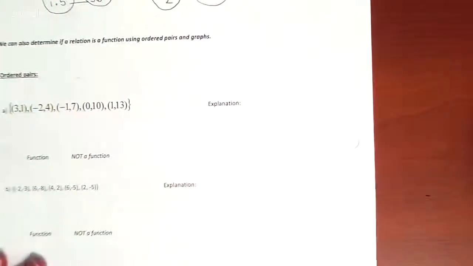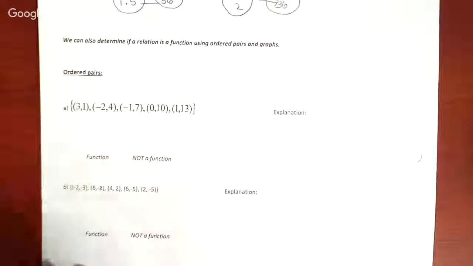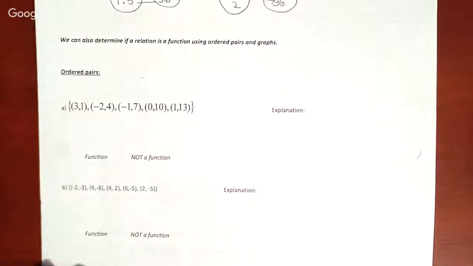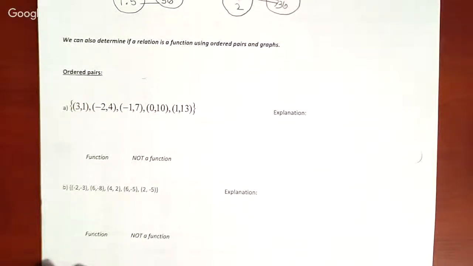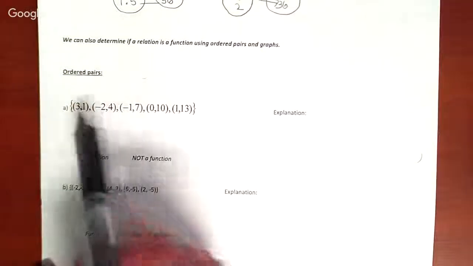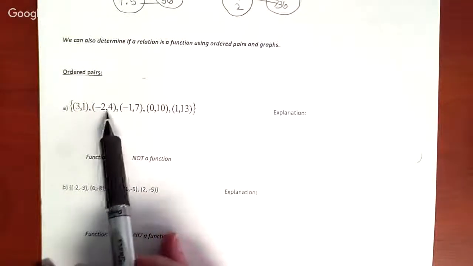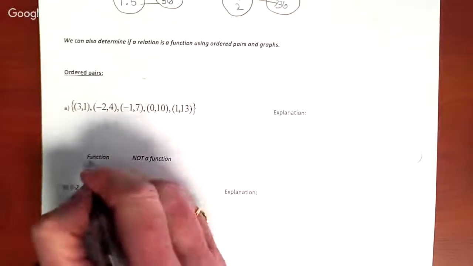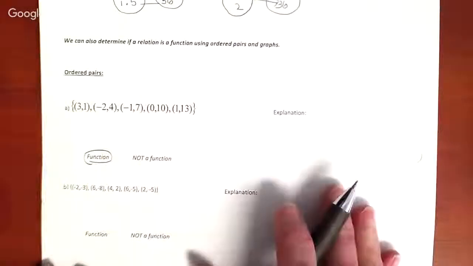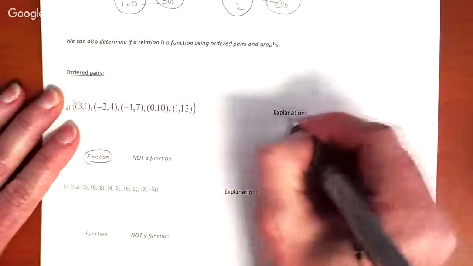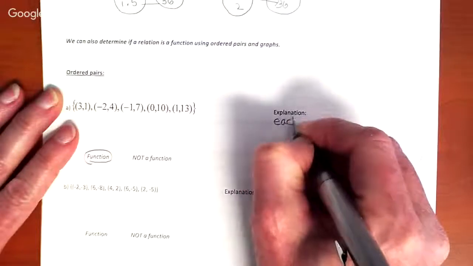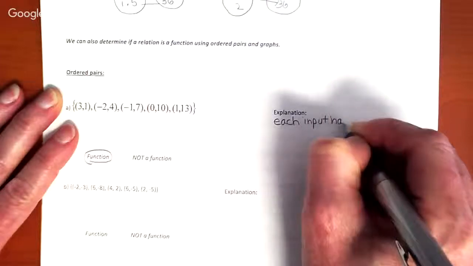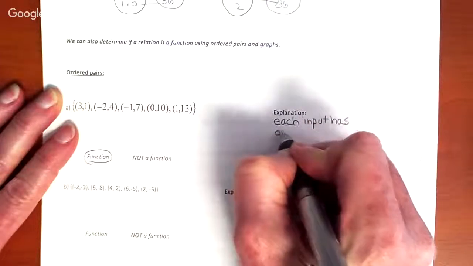Now we can also determine if a relation is a function using ordered pairs and graphs. Using ordered pairs, we can look at this. Each input has exactly one output, so therefore it is a function. For our explanation, each input has one output.